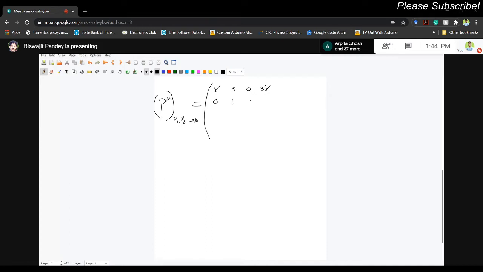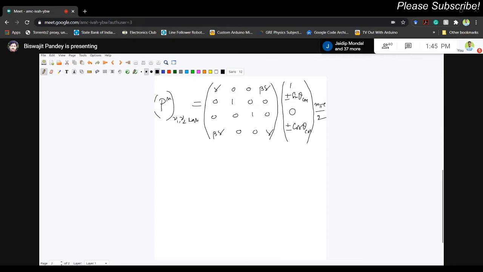Beta gamma, then 0, 1, 0, 0, then again 0, 0, 1, 0. This will again be plus beta gamma, not minus beta gamma, 0, 0, gamma. This is the Lorentz transformation matrix, and then we have to write down the 4 momentum that we want to transform. So 1, plus minus sine theta cm, 0, plus minus cos of theta cm, and we have taken this out, m pi c by 2.